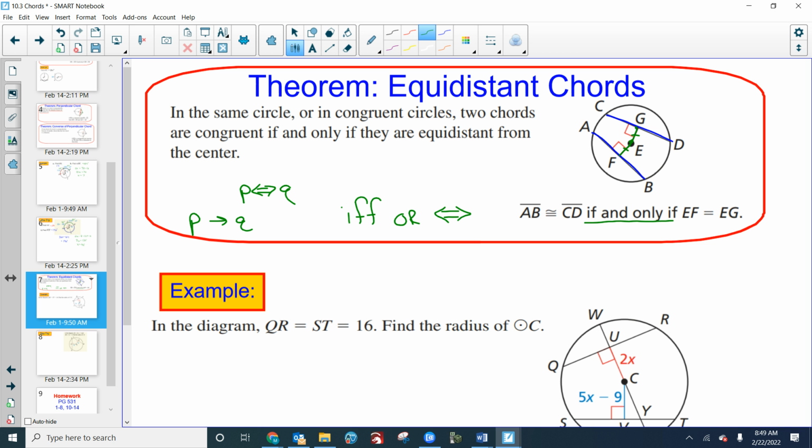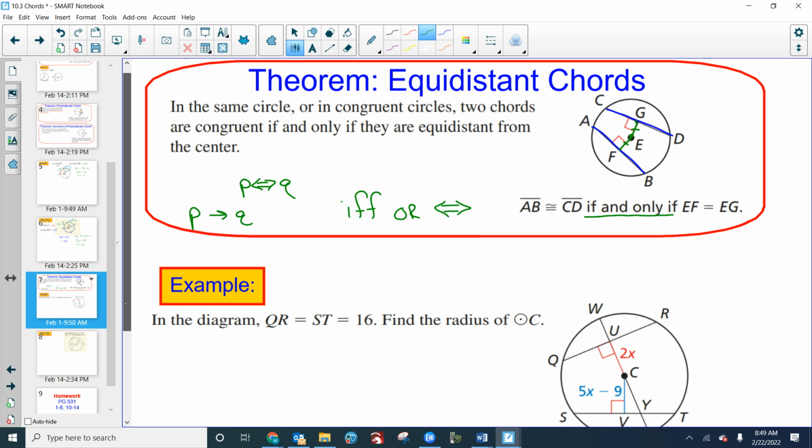That's an if and only if. Every definition that you've ever learned that's true is a biconditional. Definitions have to be able to work both ways. So what does that mean? If the blue chords are congruent, then they're the same distance from the center. And if they're the same distance from the center, then they must be congruent. So either way you're showing it, the other is true.